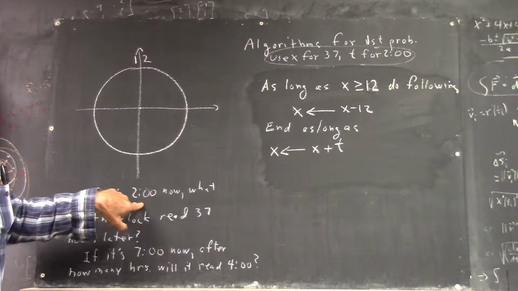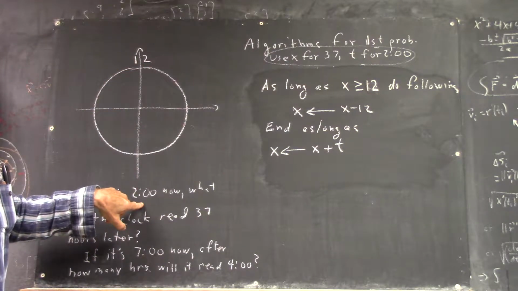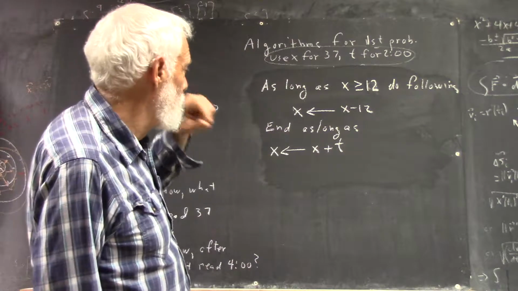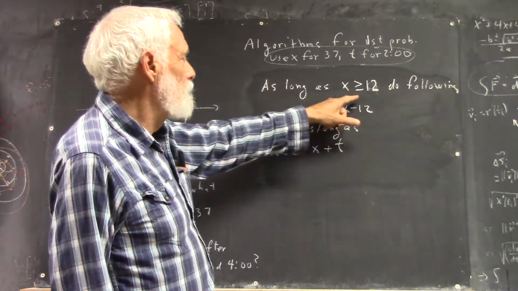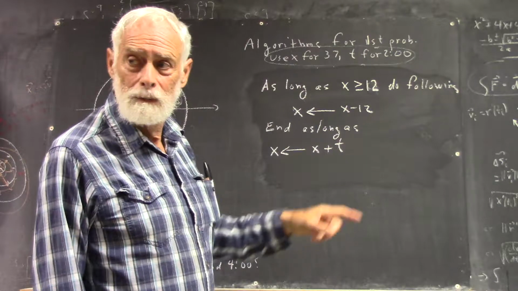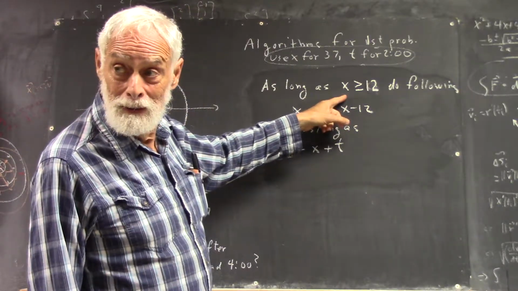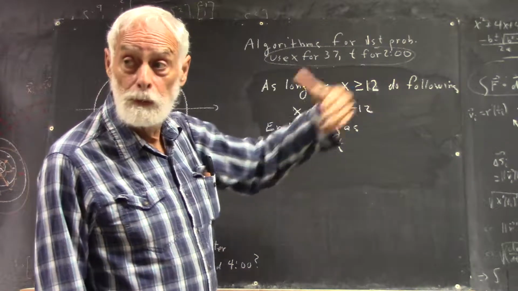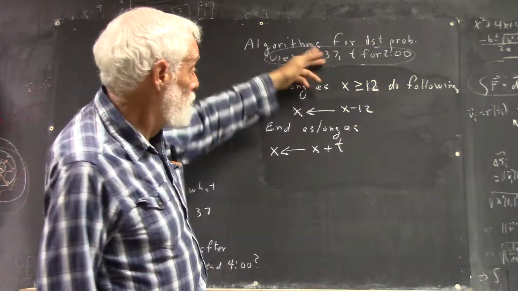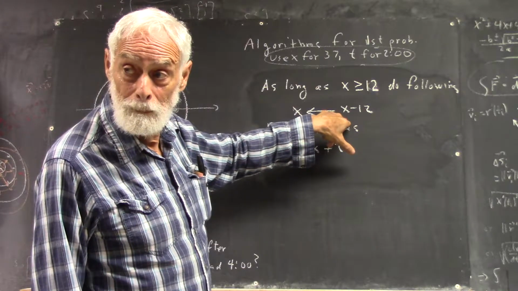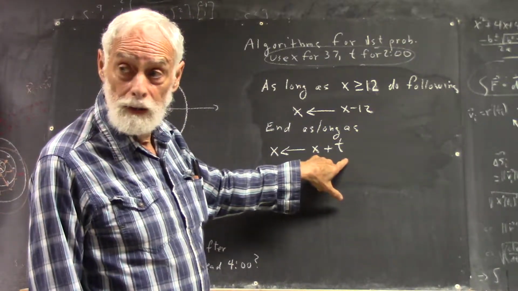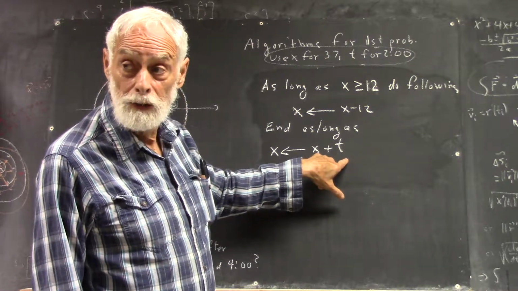The smallest number you could have is 1. The biggest number you could have is 12, right? Well, if t is 1, then x is going to be less than 12, because as long as x is greater than or equal to 12, so if x was equal to 12, you would still do this thing again, you'd end up with 0, right? And you'd add 0 to whatever t is, which will give you at least 1, because t has to be at least 1.